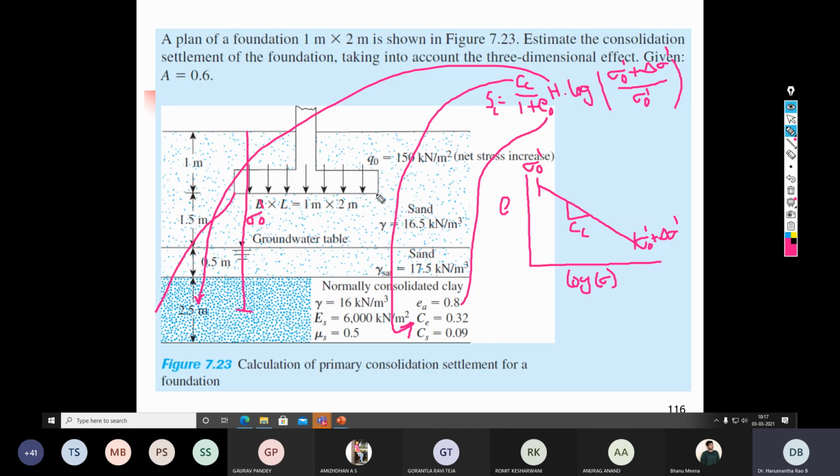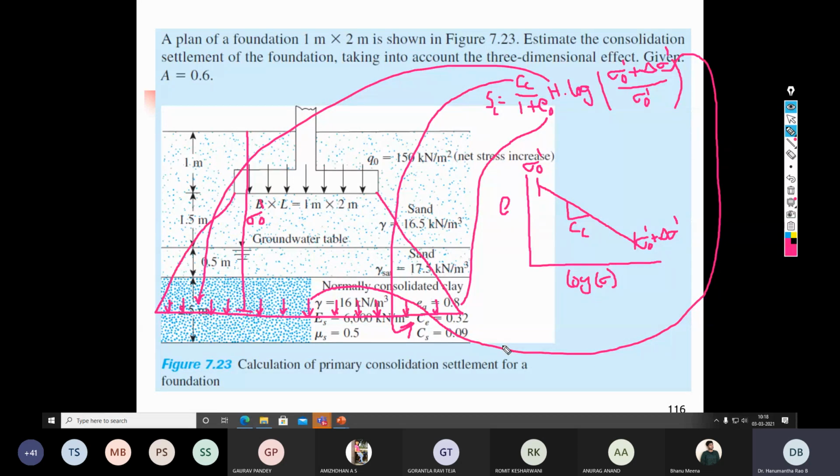So this is sigma naught dash. Next, delta sigma. Delta sigma is nothing but the increase in overburden pressure at the middle of the clay layer after construction of the footing. Again, you can follow the principle of 2 vertical to 1 horizontal.